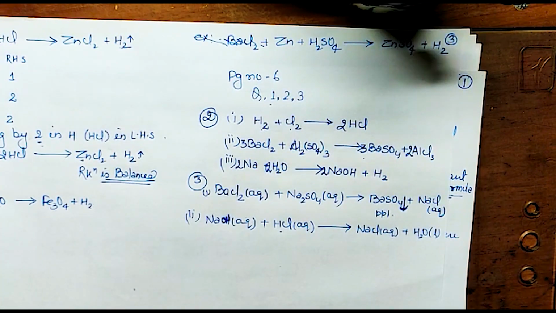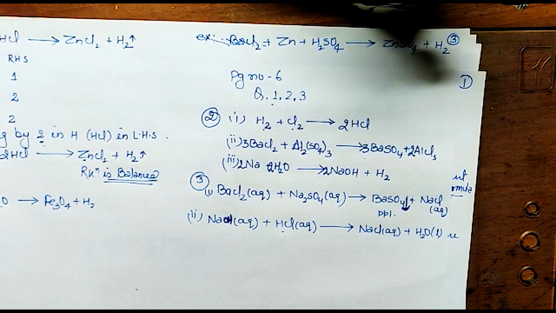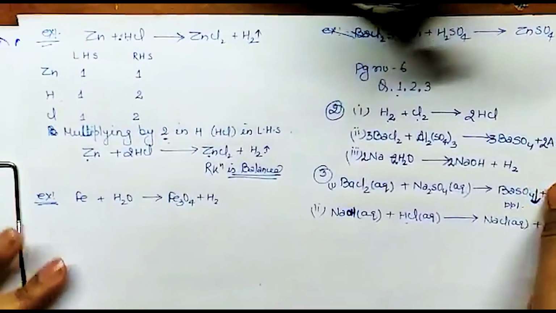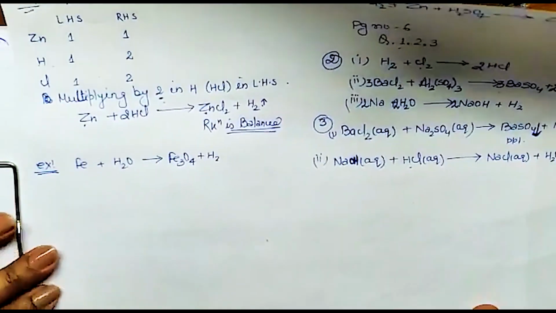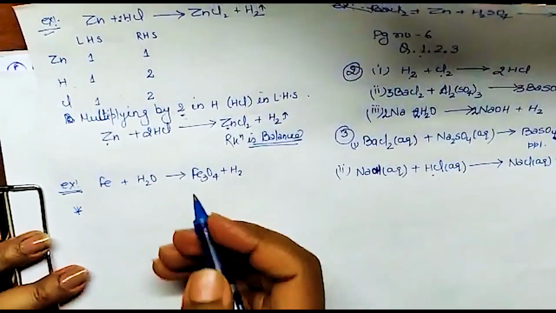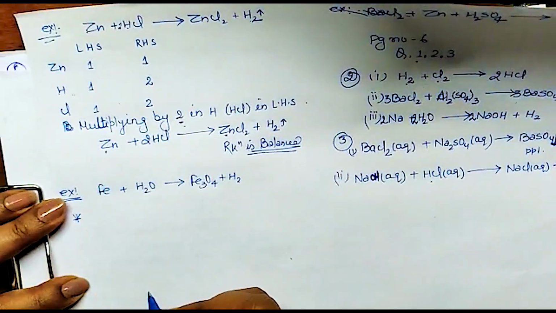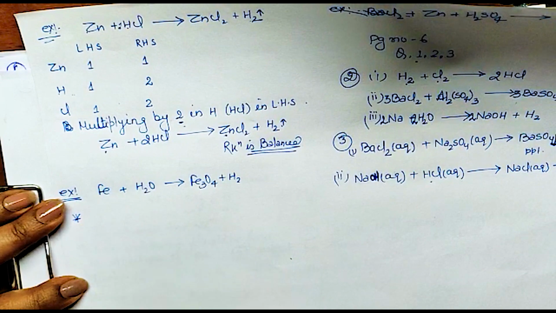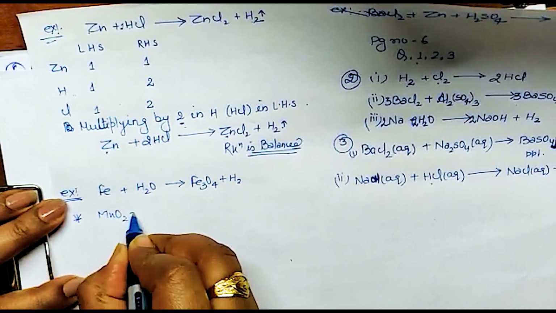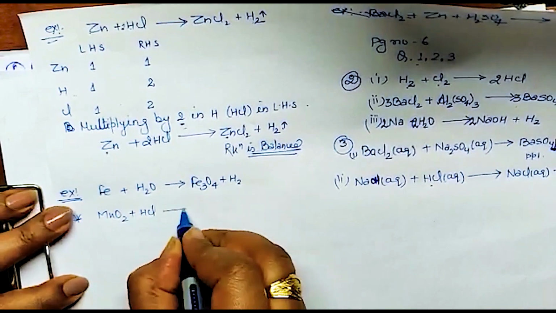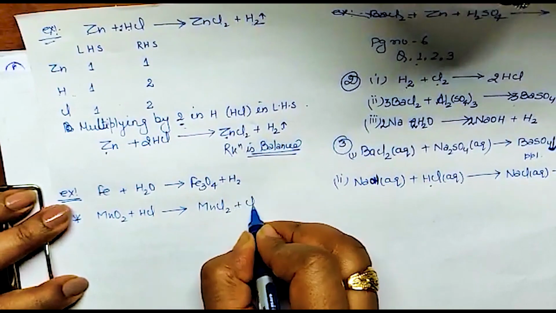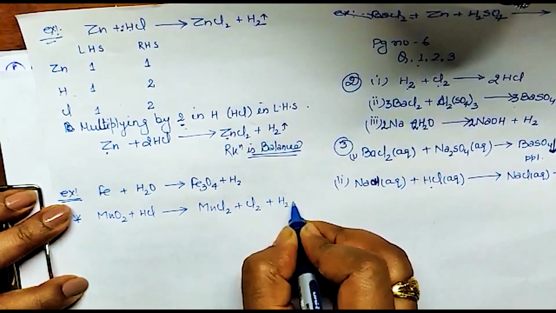Got it? Whatever balancing we have done was very simple balancing. We have to do some different balancing also. So let's do some questions at this higher level. Suppose I am giving you MnO2 plus HCl, and it will give you MnCl2 plus Cl2 plus water.